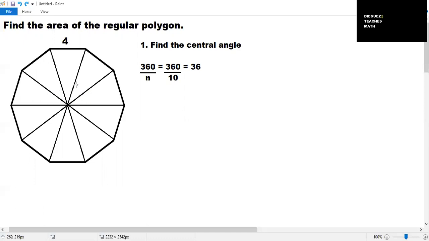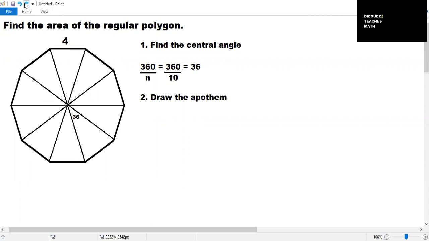So if I go from here to here, that's 360. Going all around is 360. I only want one of these. There are 10 triangles, so I can say 360 divided by 10 triangles gives me 36. And we can also say it's a 10-sided polygon, so 360 divided by 10.